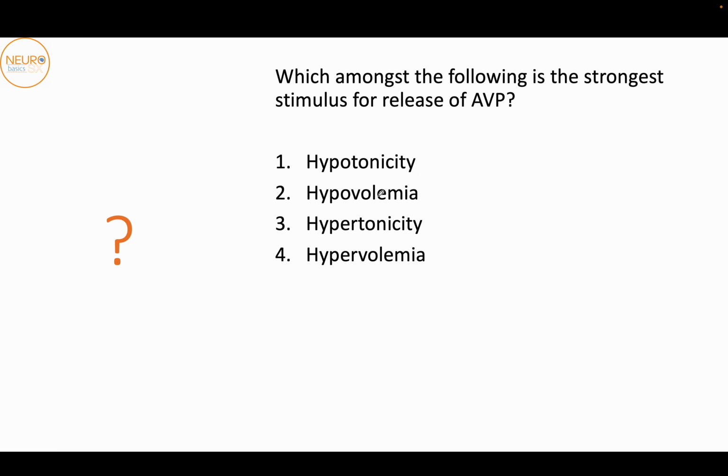Right, so the answer is hypovolemia. As we have discussed multiple times, the strongest stimulus for the release of vasopressin is hypovolemia and not hypotonicity.